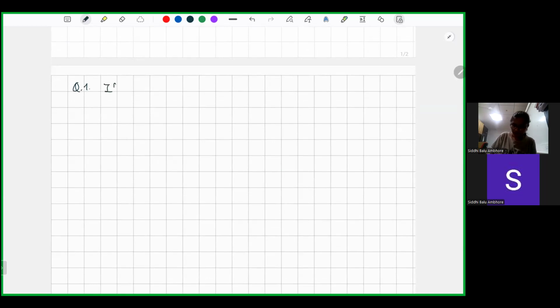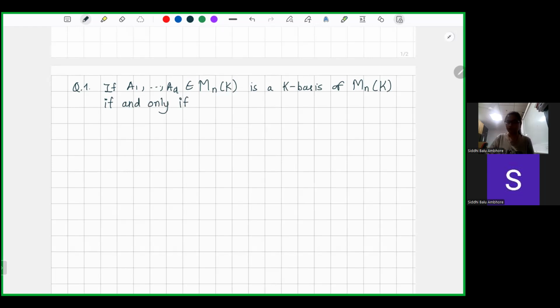That if A1 to AD in M_n(K) is a basis of M_n(K) if and only if A1 transpose, I will specify that, A1 transpose to AD transpose is a basis of M_n(K).